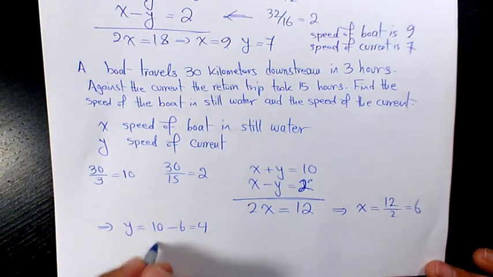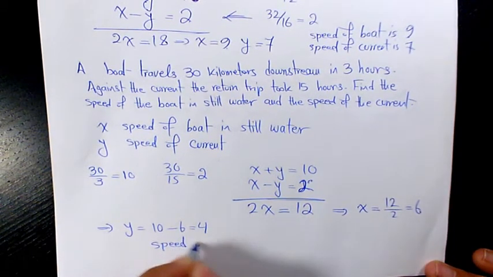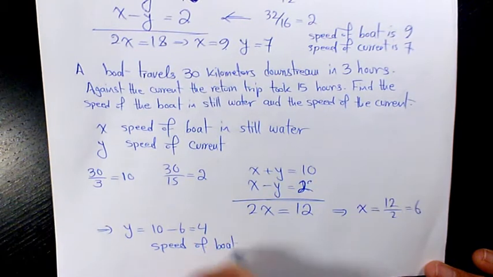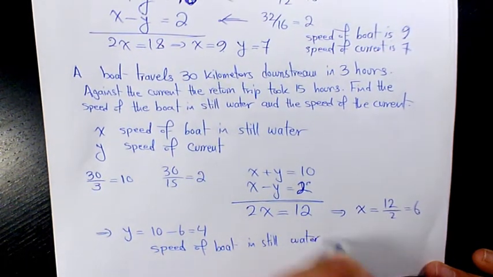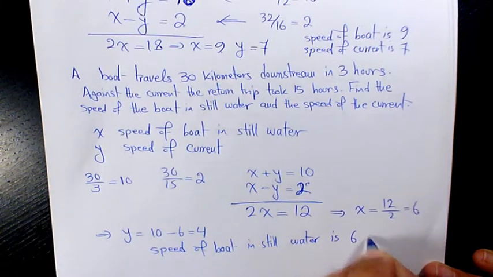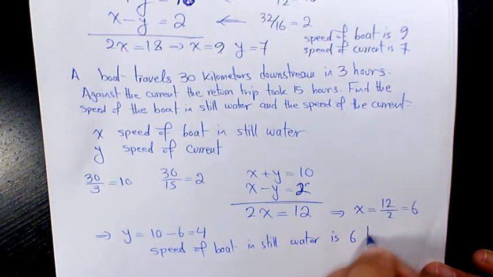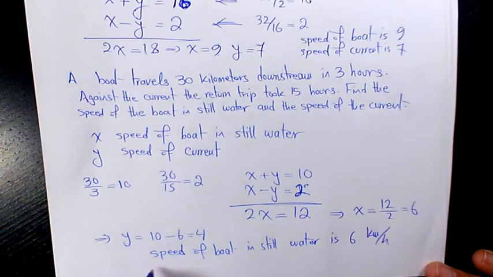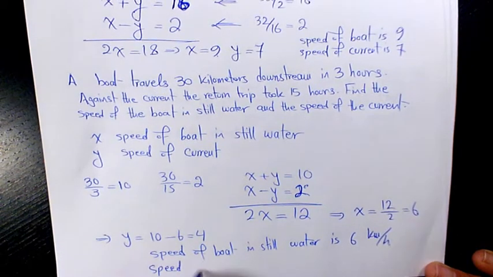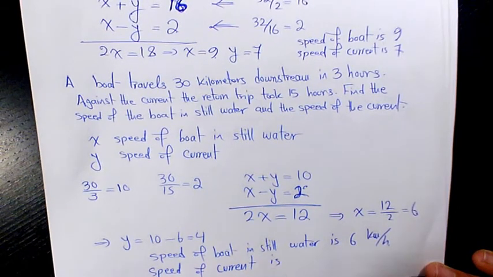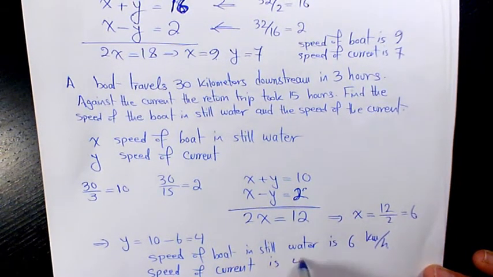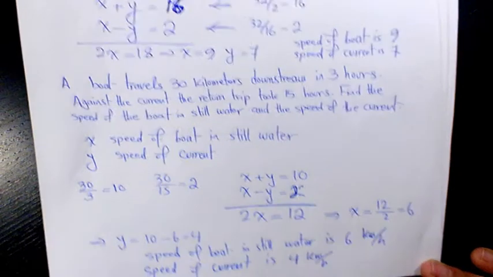So the speed of the boat in still water is 6 kilometers per hour. The speed of the current is 4 kilometers per hour.